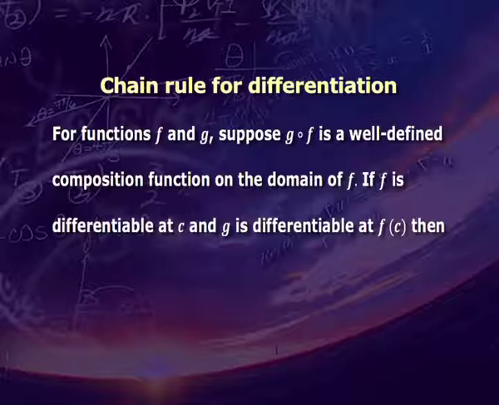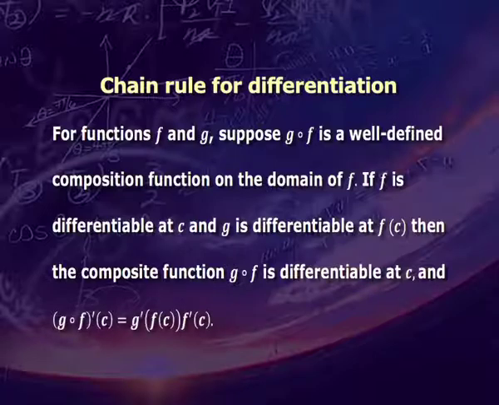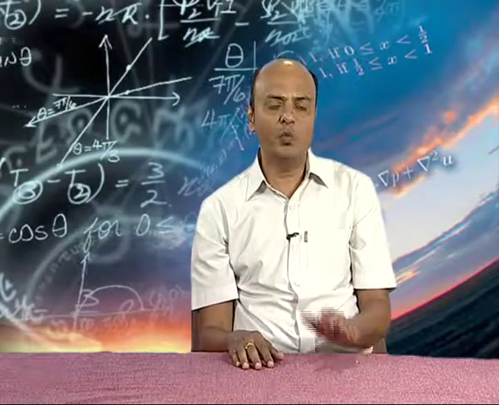If f is differentiable at c and g is differentiable at f(c), then the composite function g∘f is differentiable at c and (g∘f)'(c) is equal to g'(f(c)) multiplied by f'(c). The chain rule is very useful to simplify the calculations on numerous occasions.